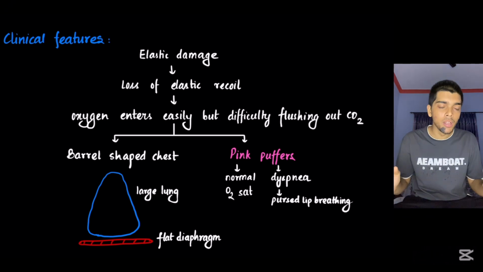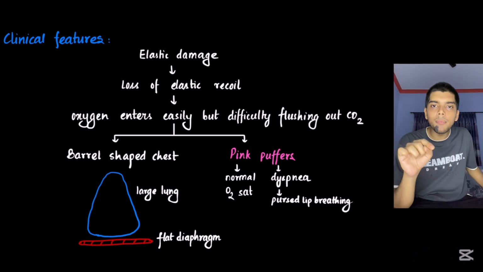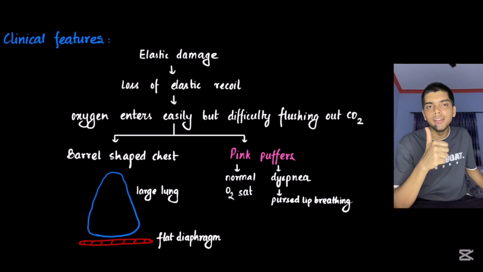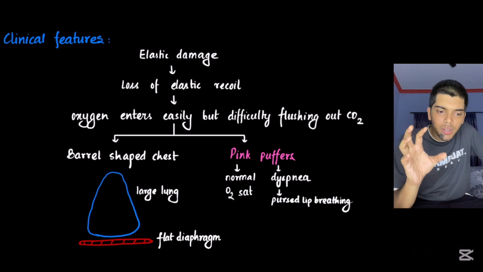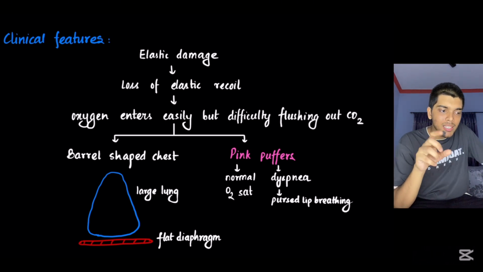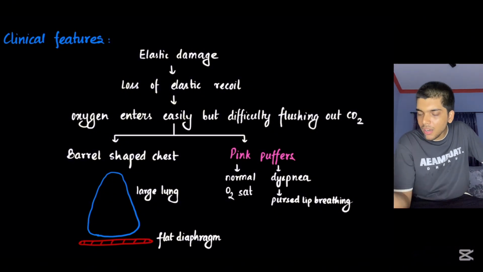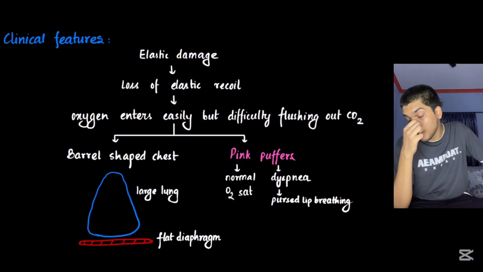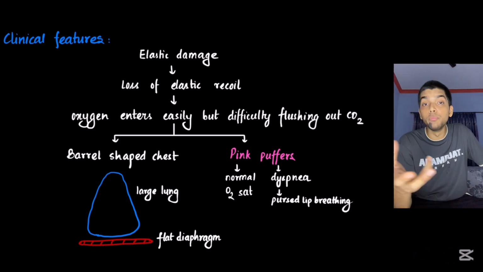One last revision. So first, definition. There is permanent damage of acini. Three things: destruction, dilation, and fusion. Etiology. The most common cause for chronic obstructive pulmonary disease is smoking. The specific cause for emphysema is alpha-1 antitrypsin deficiency. Other causes are environmental pollution, genetics, familial reasons, and occupation, like pneumoconiosis.